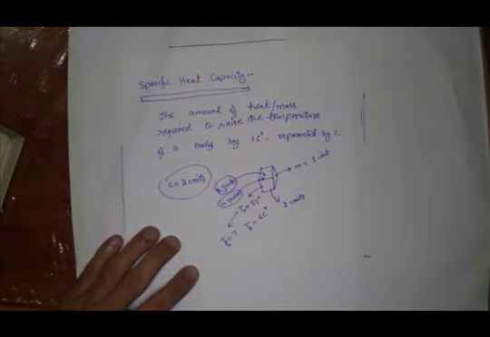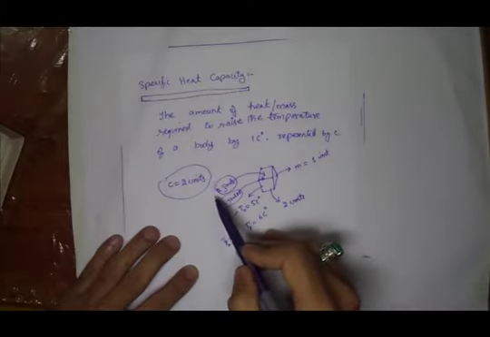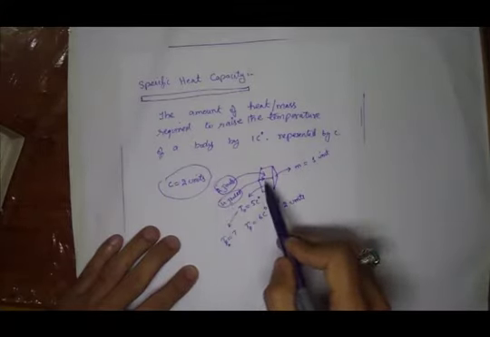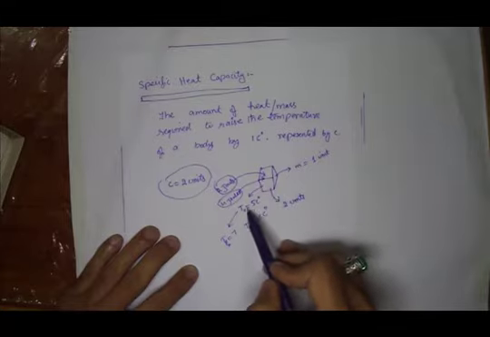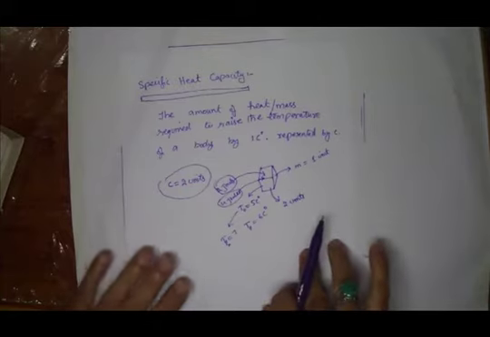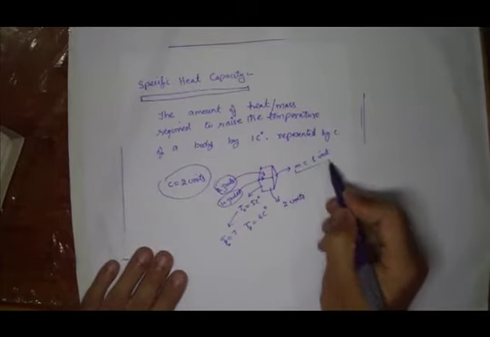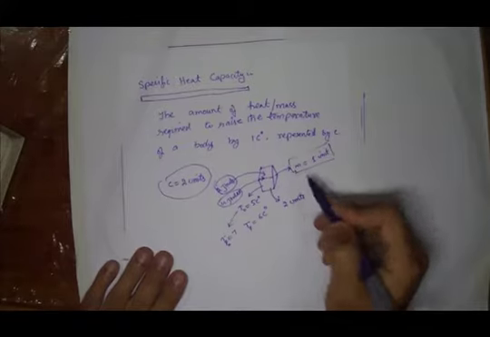Similarly, you can analyze it further. If you add 1 joule of heat to this object, then the temperature increases from 5 degrees centigrade to 5.5 degrees centigrade. Note that here the mass of this object is 1 unit.